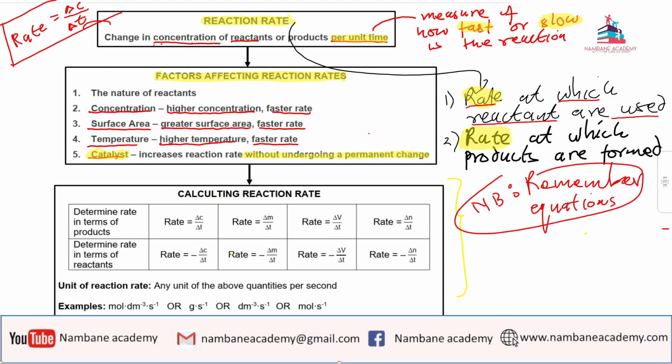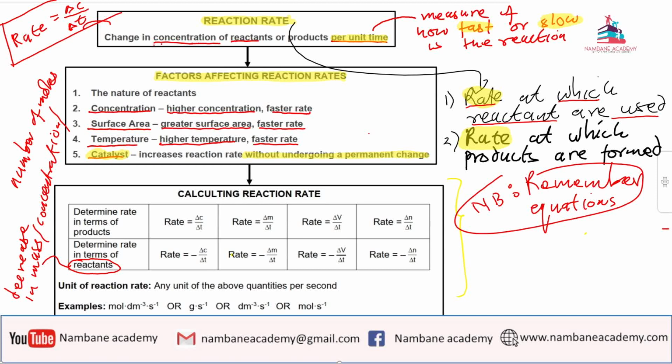Now, I'm going to start with determining the rate of the reactants. Remember, reactants in our reaction always have a decrease in mass, concentration, or even the number of moles.